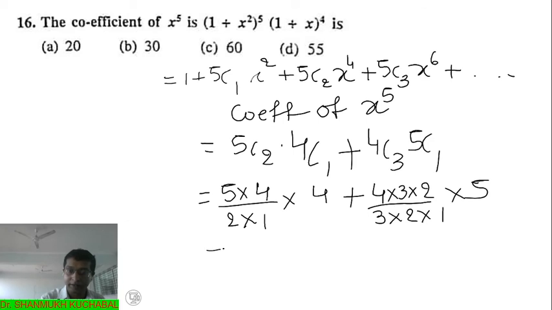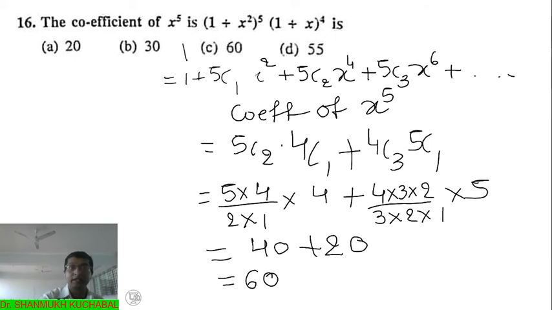Further, if you simplify, the first term gives 40 and the second term gives 20. Simplifying 40 plus 20, we get 60. Therefore option C, 60, is the right answer.